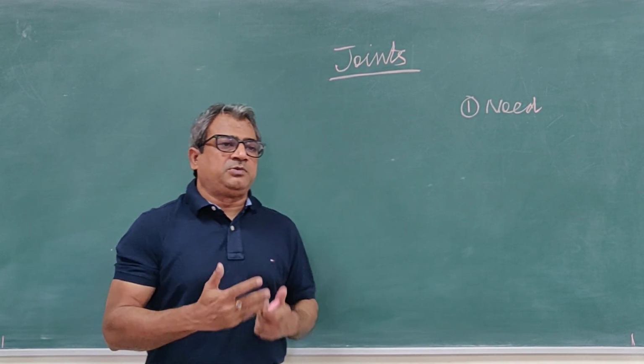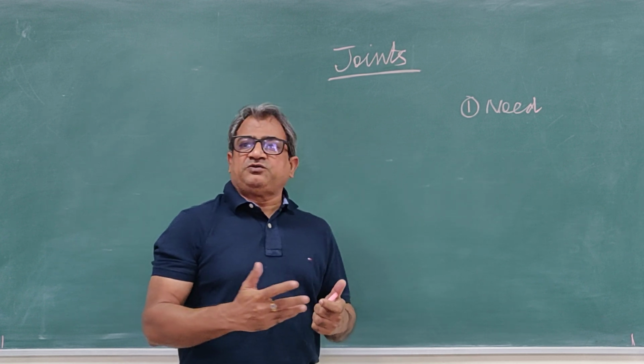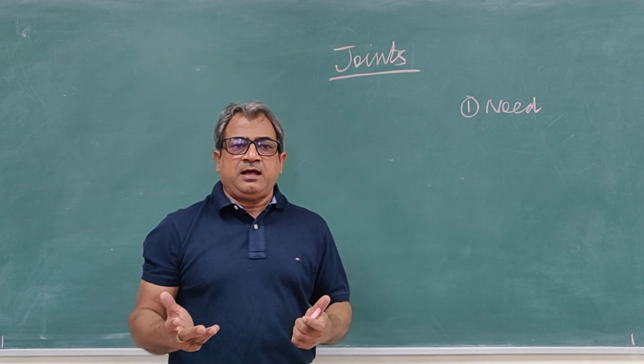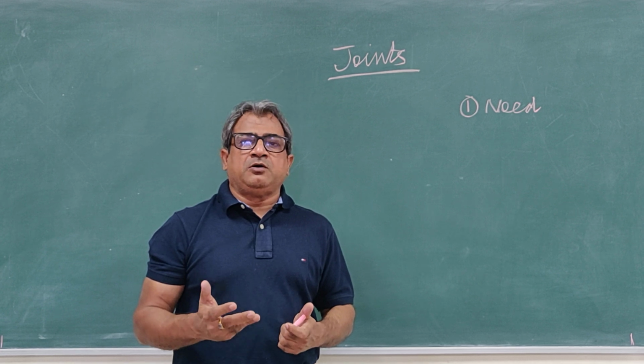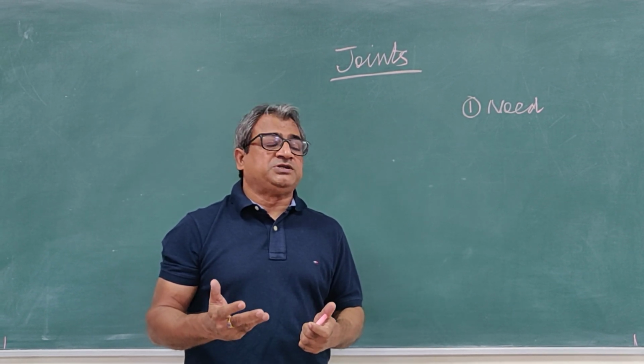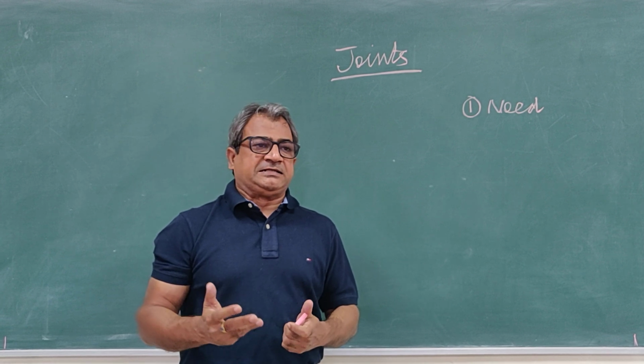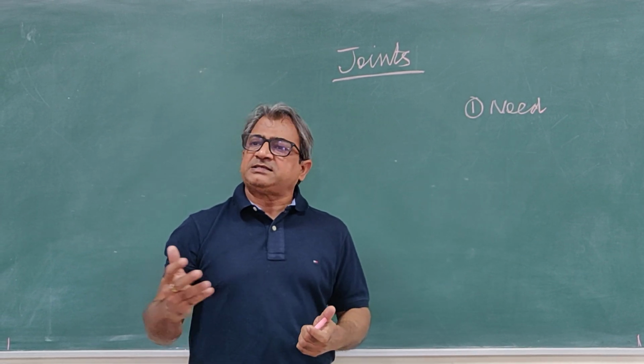If we see embryologically, the skeleton is of two kinds, an endoskeleton and the exoskeleton. Exoskeleton is the one which is of dermal origin, means just under the skin, certain hardening takes place and skeleton is formed.